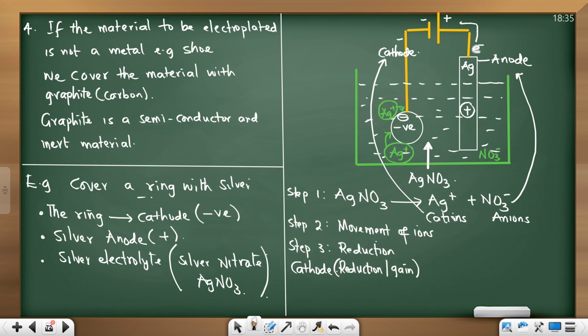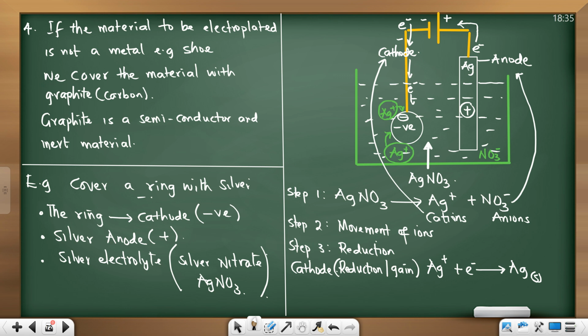Electrons are moving away from the anode. You see, negative attracted to the positive. But electrons are leaving there and coming here. So, what's happening? The silver ions are gaining electrons and become what? Silver what? Solid. And that's the aim. That's all that I want.